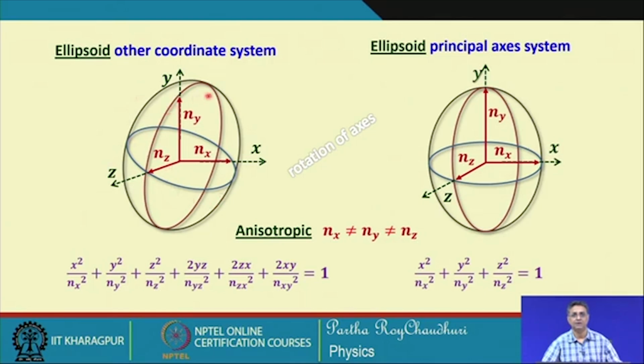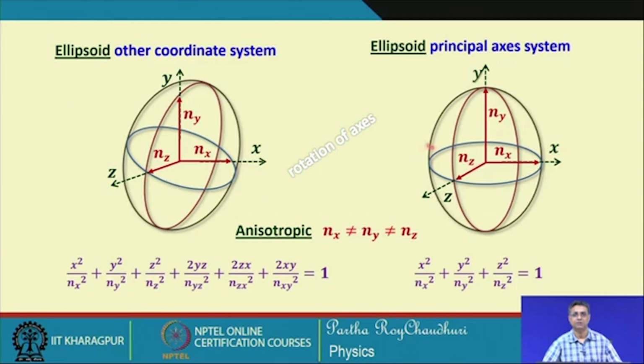You have an ellipsoid which is not aligned, which has an inclination with the coordinate axis represented by the crystallographic axis, that is, the principal axis system. So, in this system you can represent x square by n x square plus y square by n y square, and so on. This is the ellipsoid equation, and this is also the general equation for the ellipsoid, and we considered that in general n x is not equal to n y, is not equal to n z.